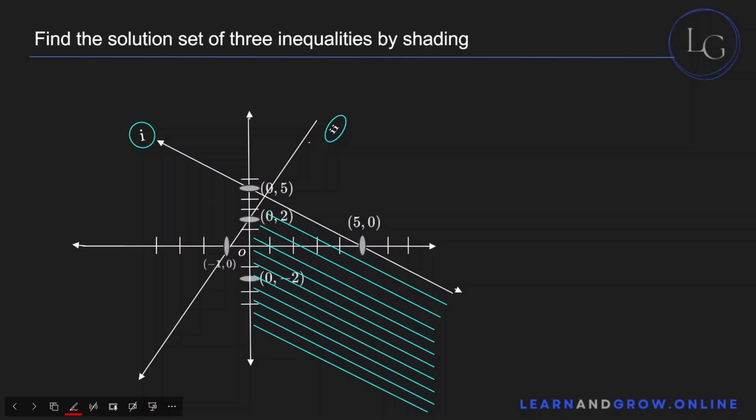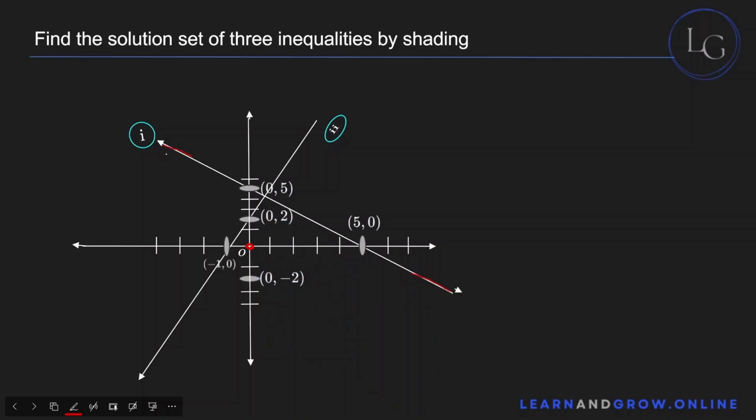Why? Because let's just take this one over here. The line for associated equation number 1, it said it should be towards the origin. This is the origin. So let's just back up a bit here. For equation number 1, it said that we had to go towards the origin. So you basically just shade this side.